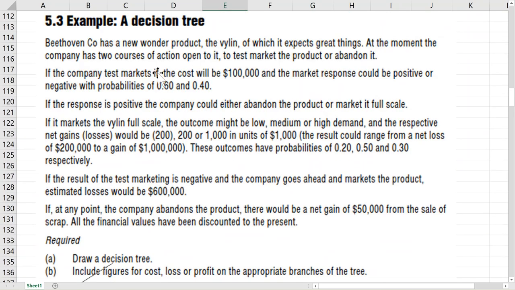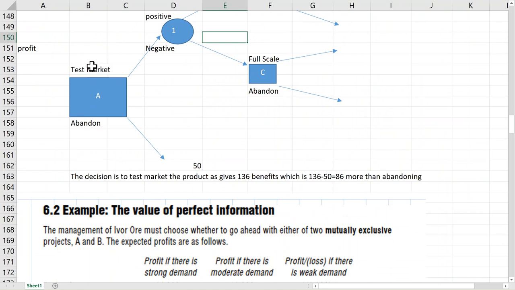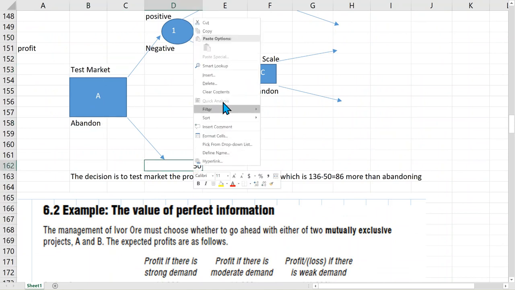So the decision is, let's read the question again. We are launching a product. At the moment it has two courses of action open to it: to test market the product or abandon it. So we want to decide on two things, either to test market or abandon the product.